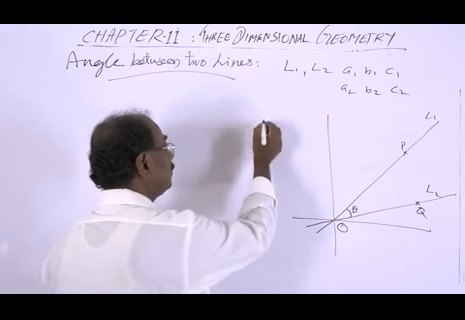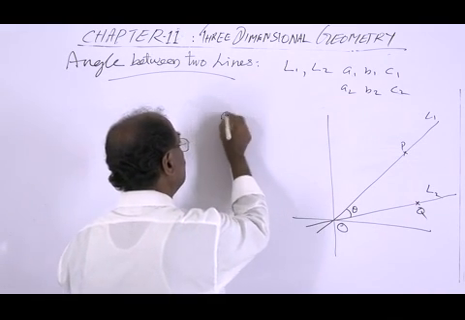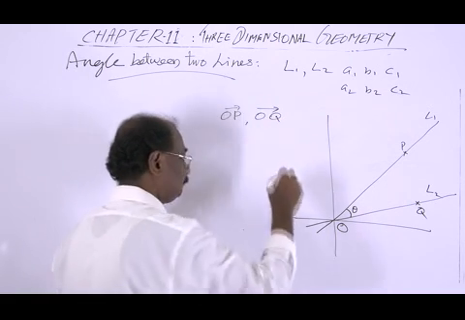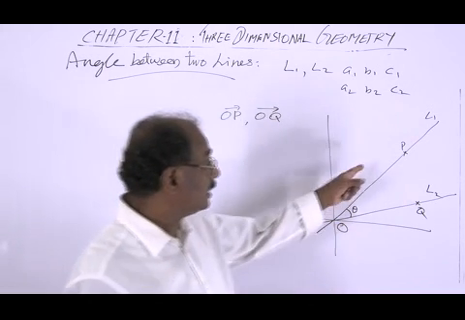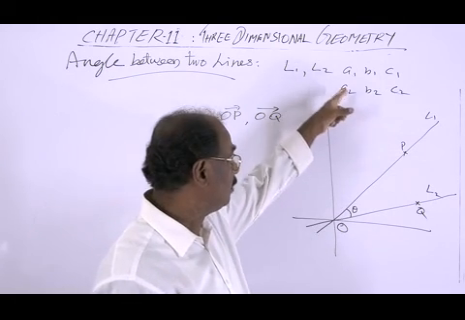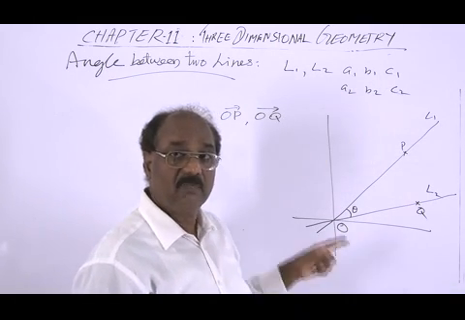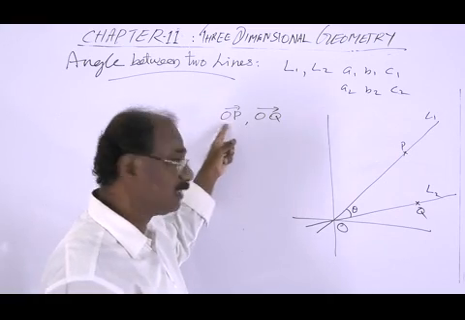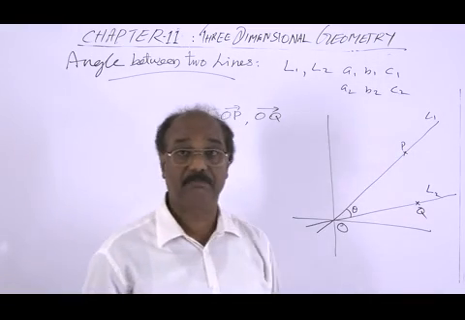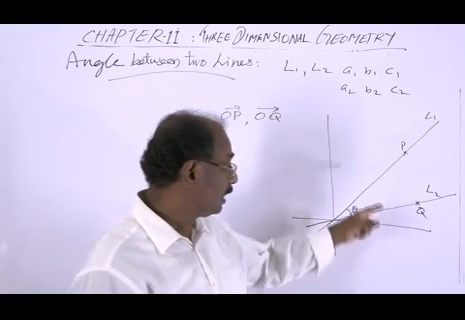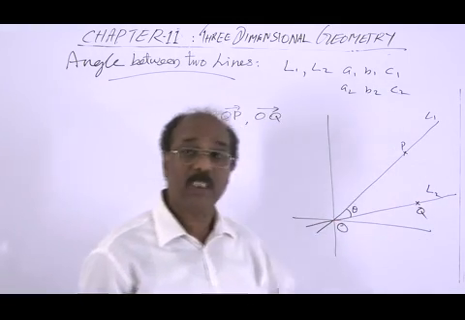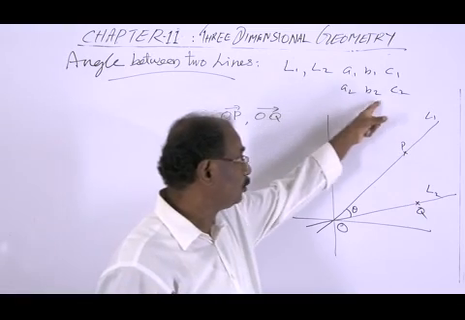Then we have two vectors, OP and OQ. Since the direction ratios of the line L1 are A1, B1, C1, this vector OP has components A1, B1, C1. Similarly, vector OQ has components A2, B2, C2.